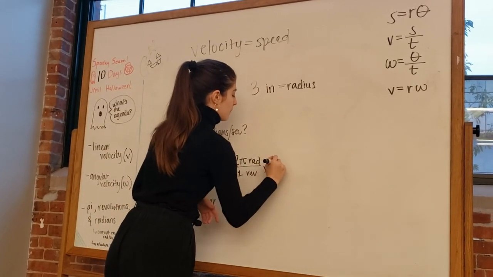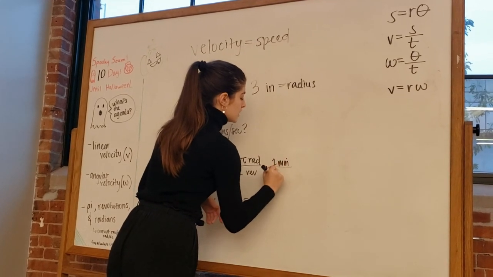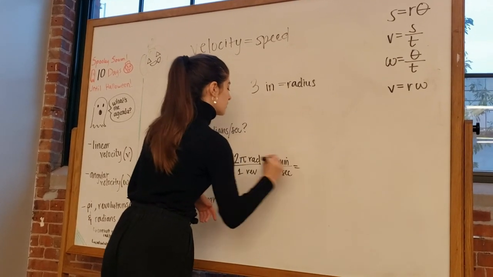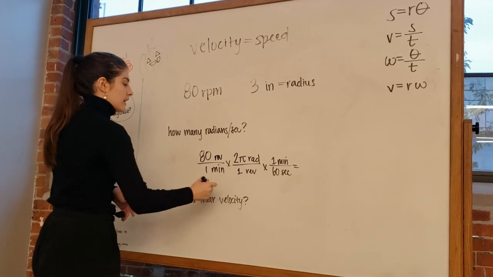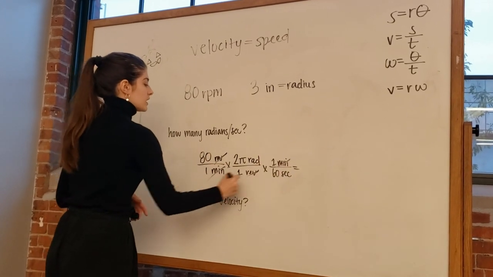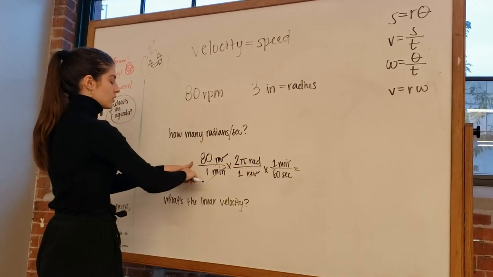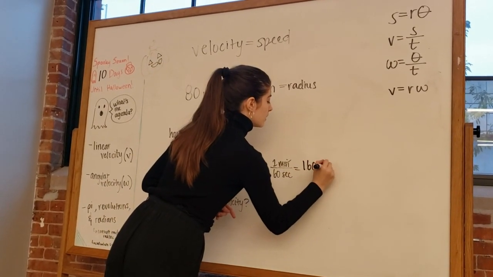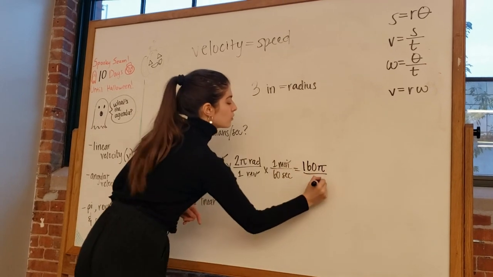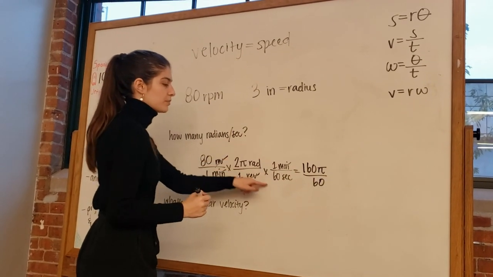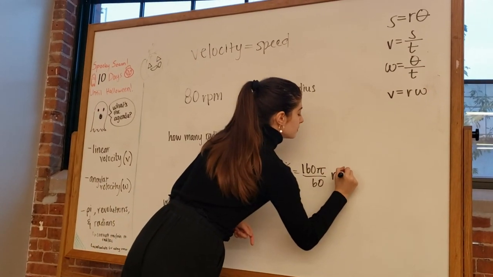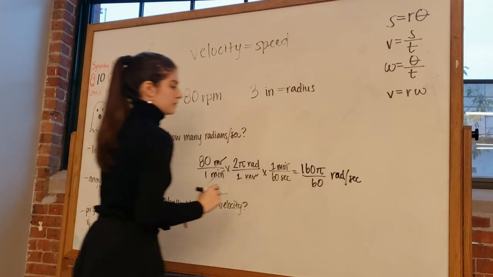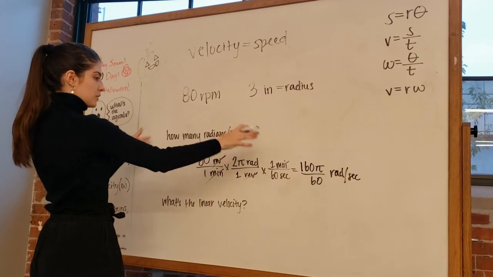So we've got 1 minute for every 60 seconds. Then again, we cross out these units, and we get 160 pi over 60 radians per second. All right, so there's that.